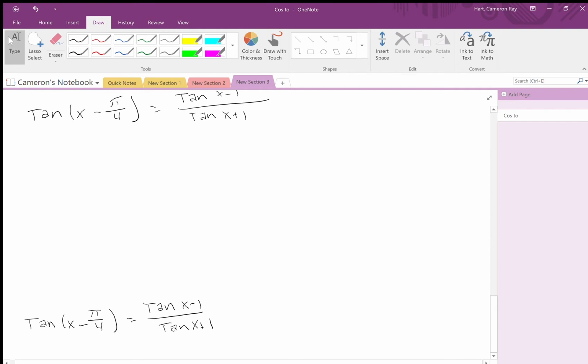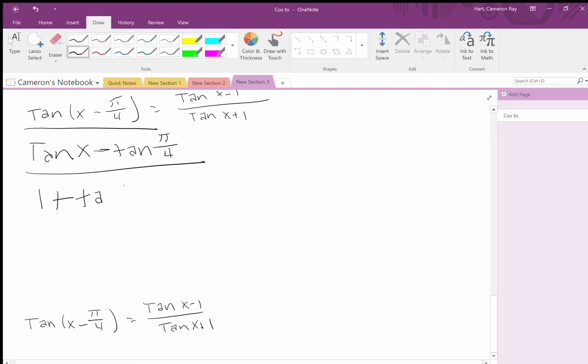And so for this, I would use the sum of difference formula, which would be using this side. The sum of difference formula would state it would change this to tangent A, which is x, plus, or it would be a minus tangent B, which would be pi over 4, over 1 plus tangent x tangent B, pi over 4.